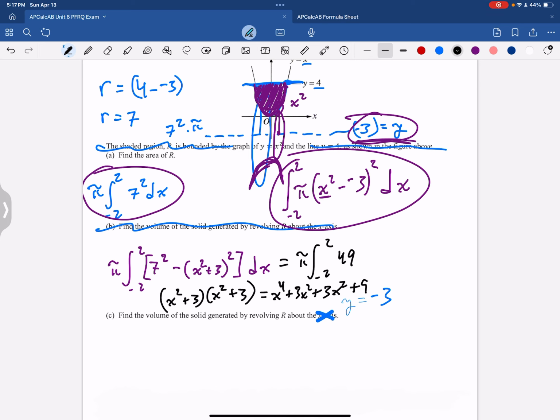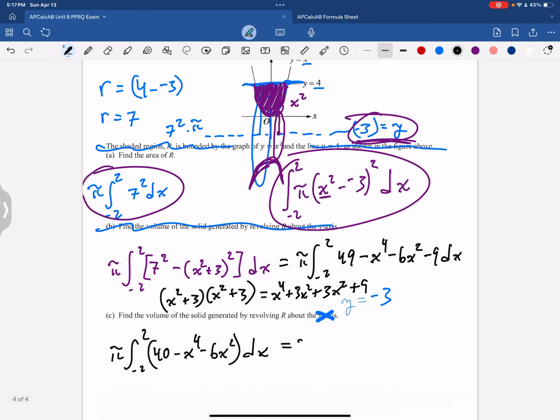So that's going to be 6x squared. So I have minus x to the 4th minus 6x squared minus 9. So this is actually going to be a 40 right there. All right, let's just keep going. Pi, -2 to 2, 40 minus x to the fourth minus 6x squared dx. That's my integrand.